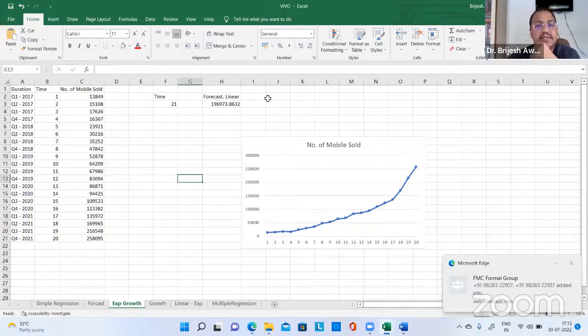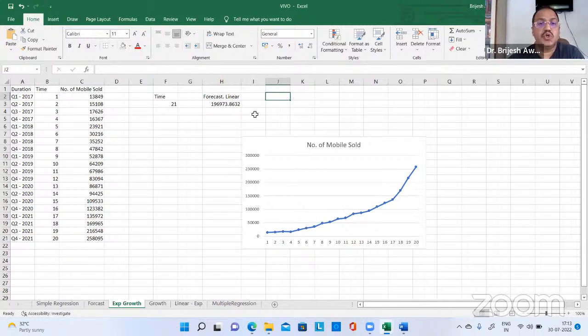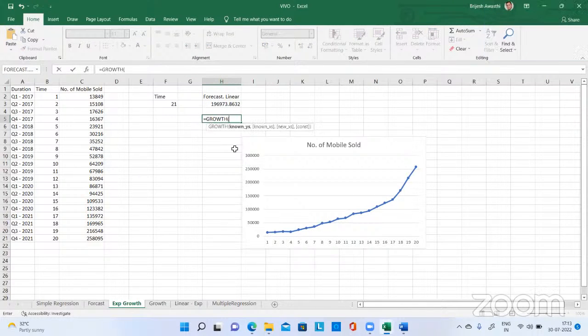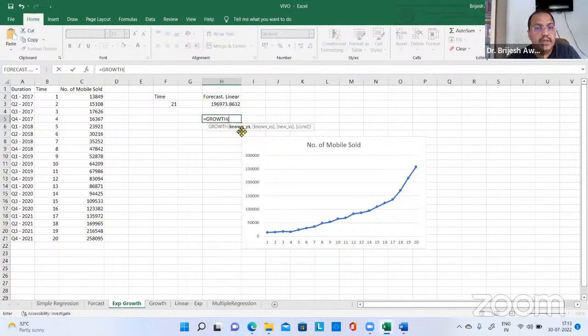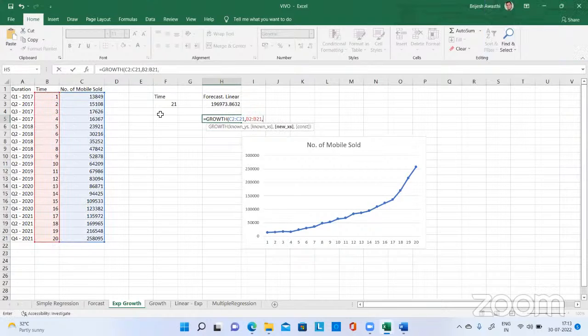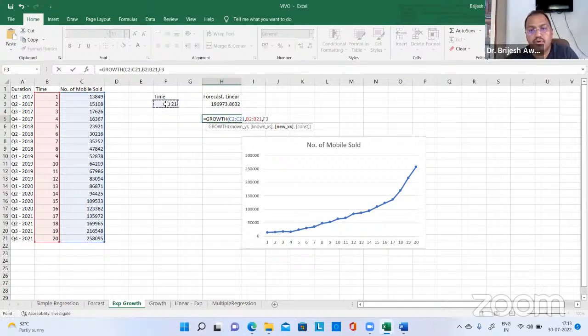Now, we have another function, that is GROWTH. If I'm talking about GROWTH, the first argument is the Y series, the second argument is your X series, and the third argument is your new X, the next period for forecasting.